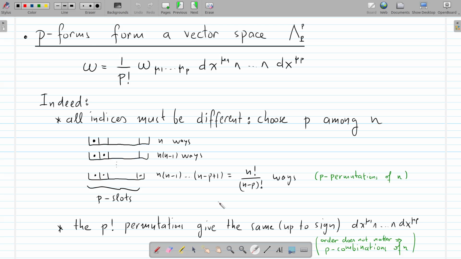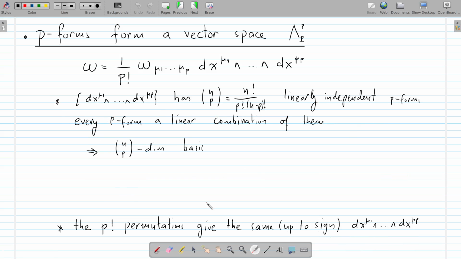But as we have already said, permuting those indices here gives us back the same element of the vector space up to a sign. So we have to consider combinations and not permutations of indices. And to obtain this, we have to divide by the p factorial permutations of the chosen indices in the p slots, and we obtain the binomial coefficient.